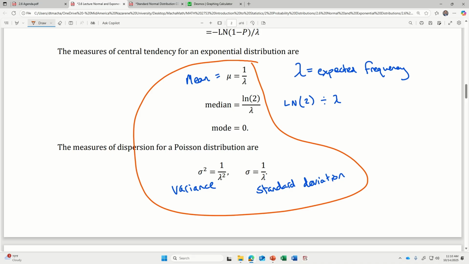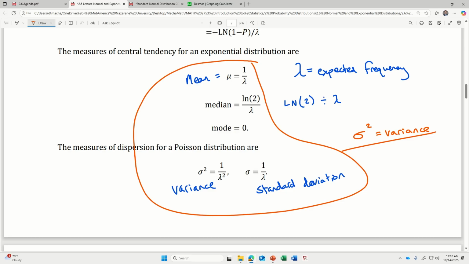You just always put it under 1? For the exponential distribution, in general, the variance is just the standard deviation squared, right? That's always true for every distribution. The variance is always just the standard deviation squared.